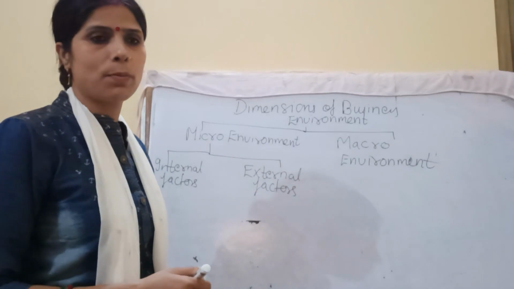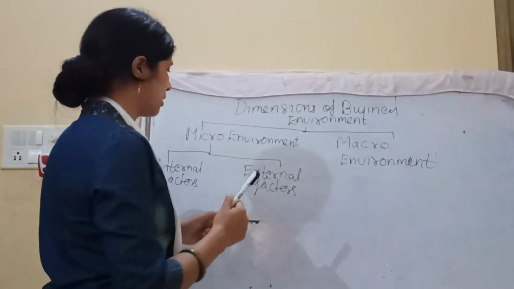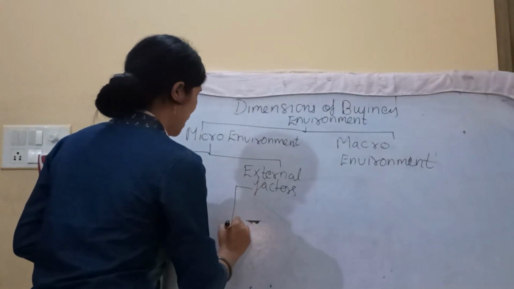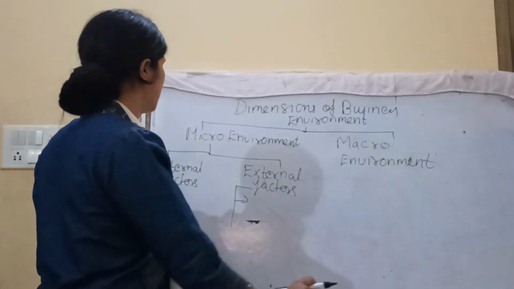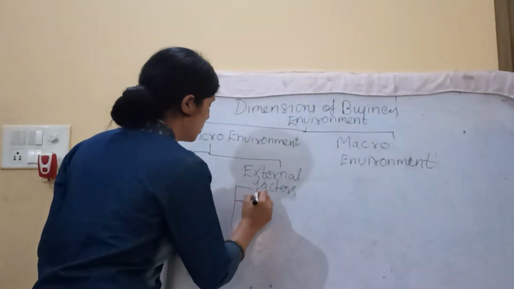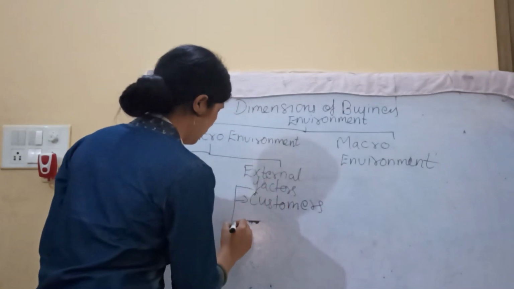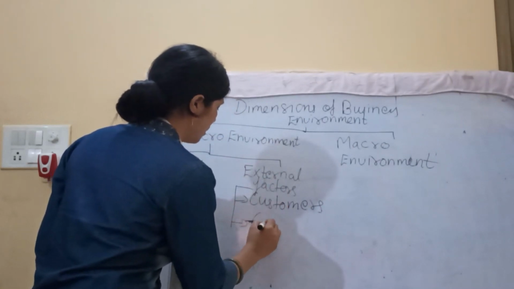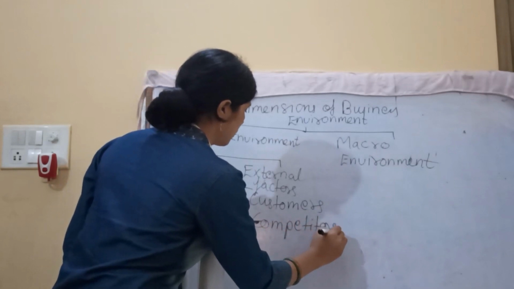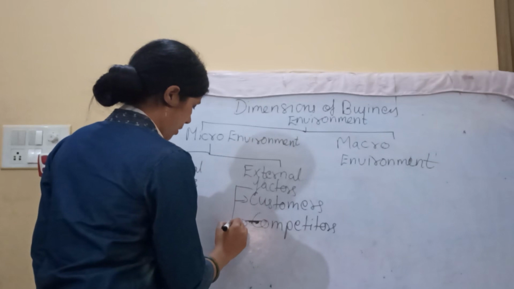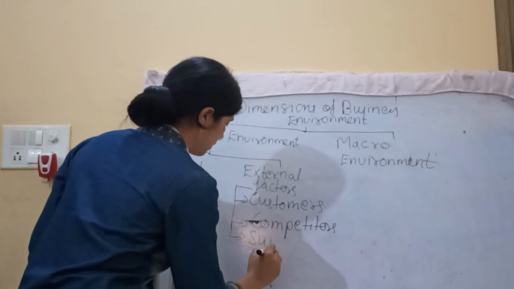Today we are going to discuss the external factors. We have several points under this external factor. So let us discuss this. The very first point under this external factor of micro environment is customers. Then we have competitors. Then we have suppliers.